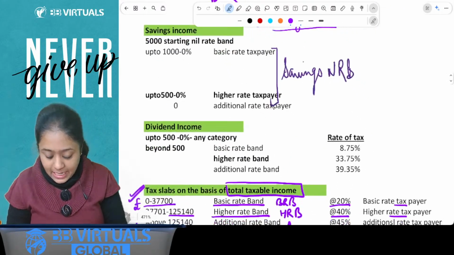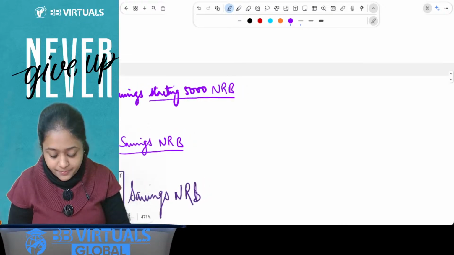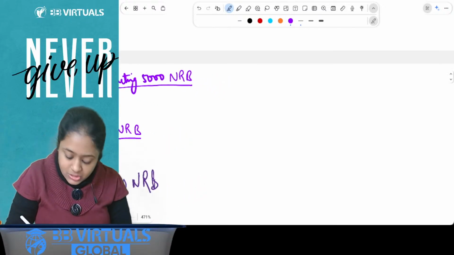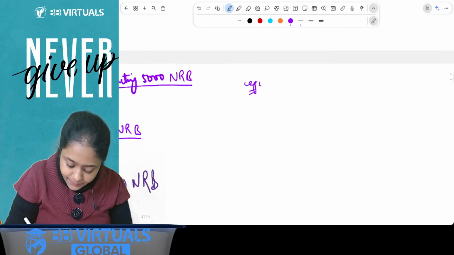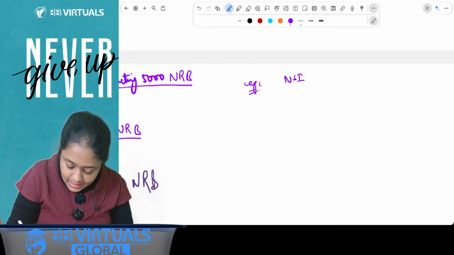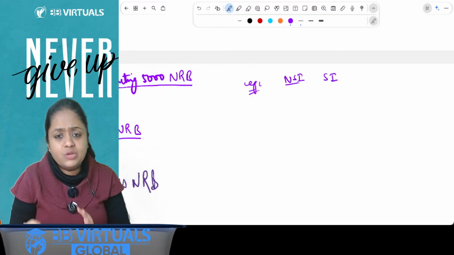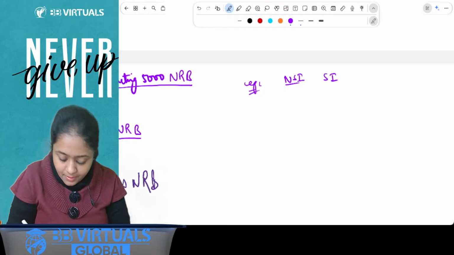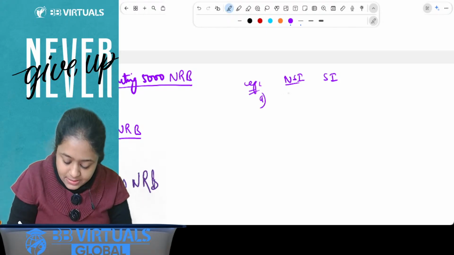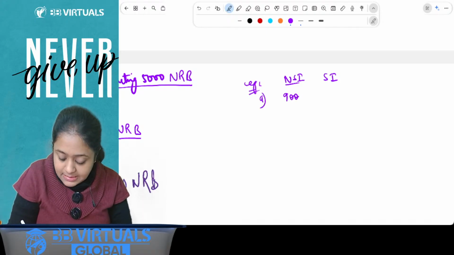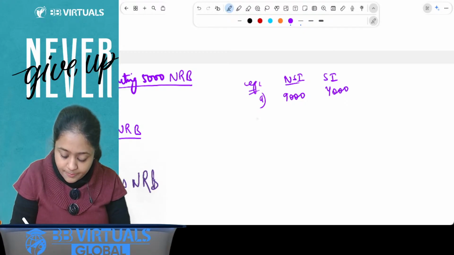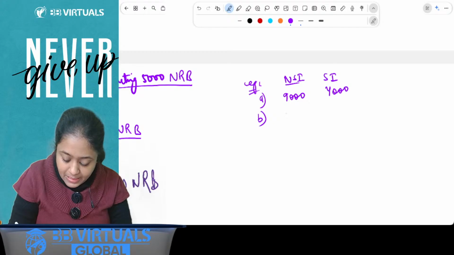For that, I think I will start with a question. Just look at the examples here. This is NSI. This is SI. Only two categories I'll take for this example. First example: my non-savings income is 9,000 and my savings income is 4,000. Second example: my non-savings income is 0 and savings income is 10,000.